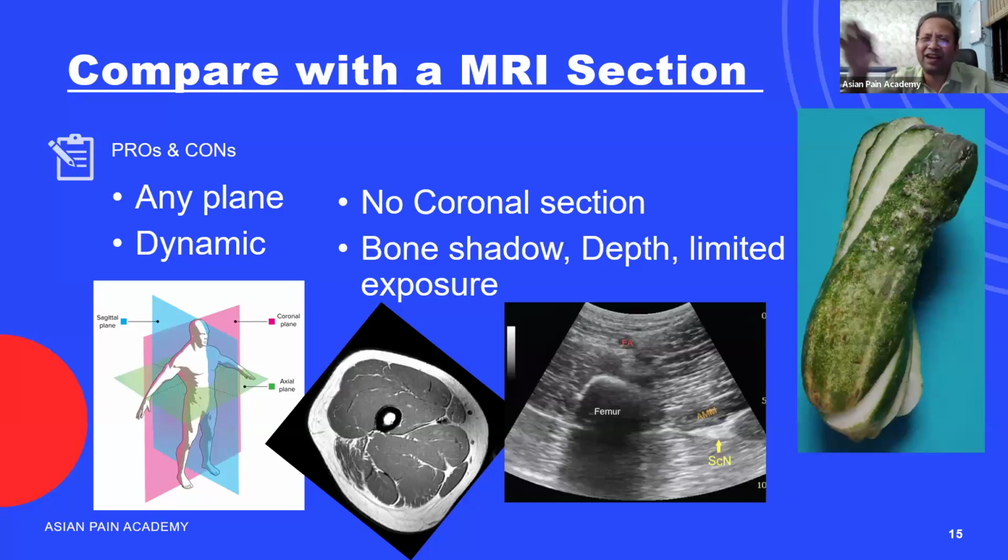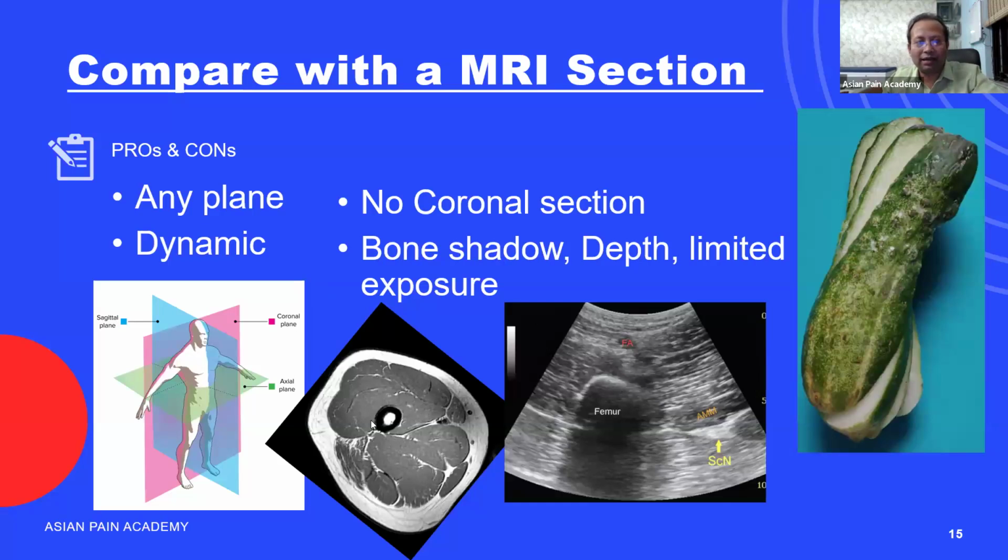Say a patient is very fatty and it is the hip area, you cannot see from outside where the greater trochanter is, where the neck of the femur is, or where the head of the femur is. Just by putting the ultrasound probe, first you see the bony contour. As soon as you see the bony contour, you can understand which area you are putting your probe on. So bone becomes a friend also and an enemy also.